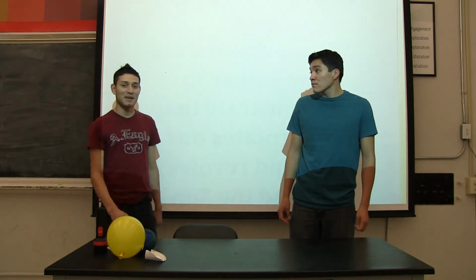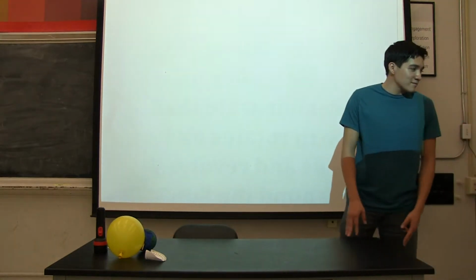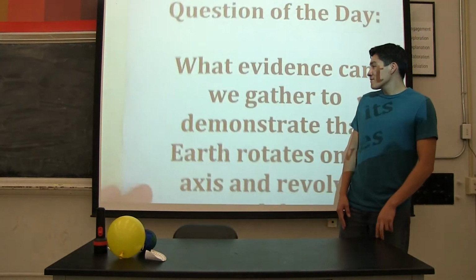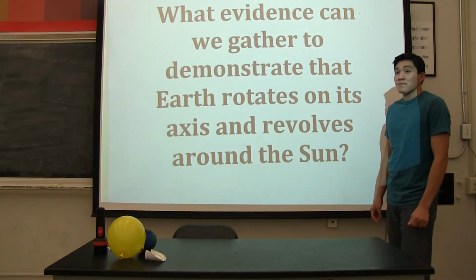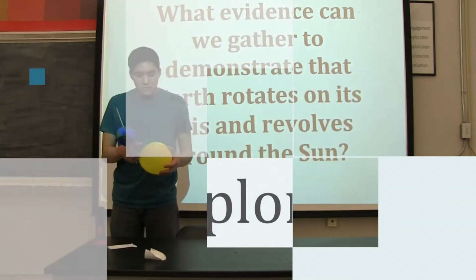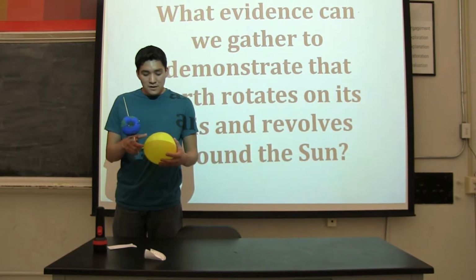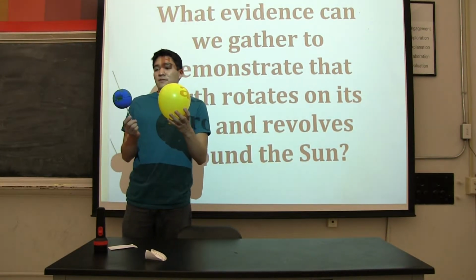So today we'll be able to answer the question of the day, which is, what evidence can we gather to demonstrate that Earth rotates on its axis and revolves around the sun? So we're going to model a couple of the motions that we just discussed in the E-motion game. So what am I modeling right now?